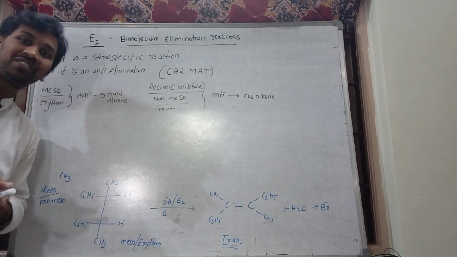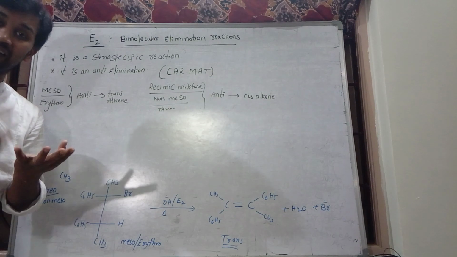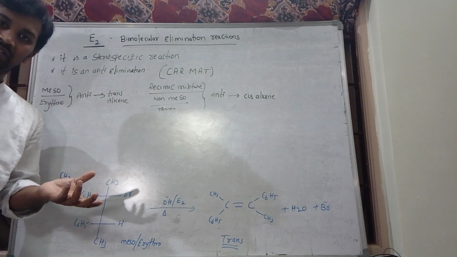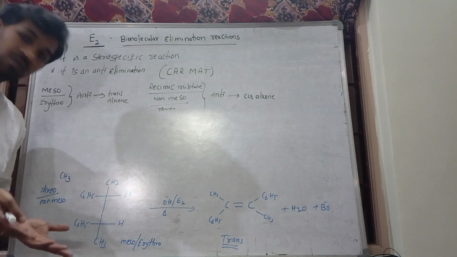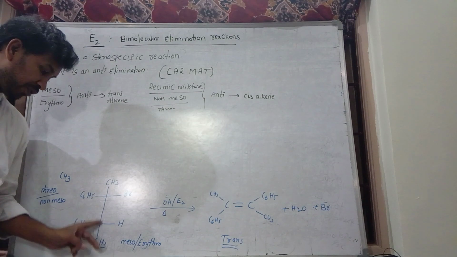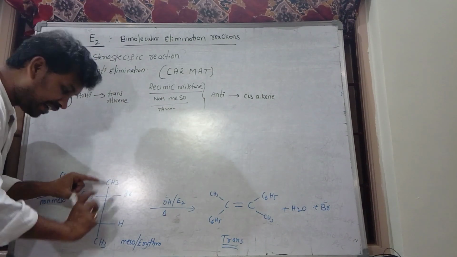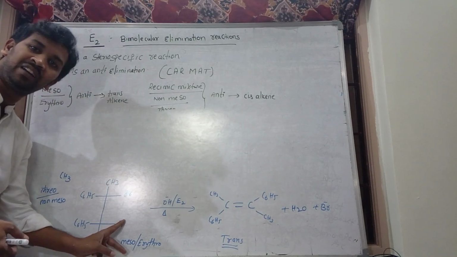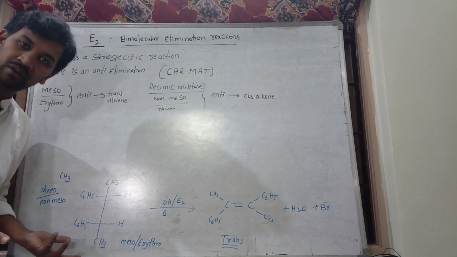Carbon-carbon single bond rotation is possible. You know staggered, eclipsed, gauche one, gauche two; we studied conformational isomerism in first PUC. So this carbon is rotated. When rotated 180 degrees, this hydrogen will come to this side, this C6H5 will come to this side. Therefore, anti elimination is possible. Okay, understand?